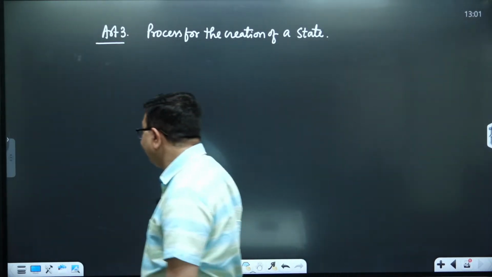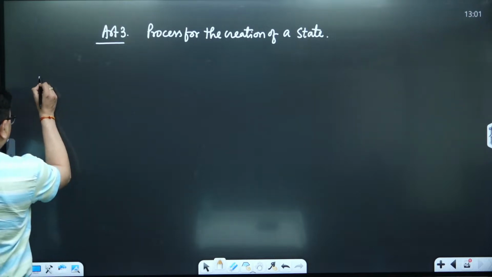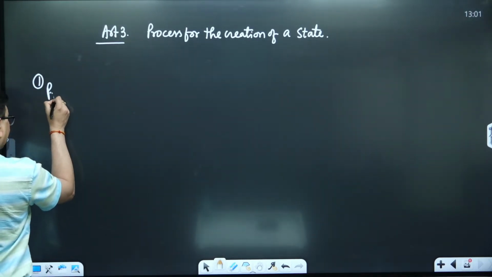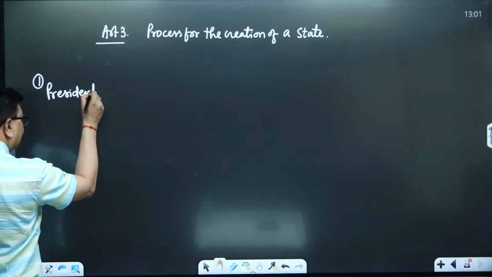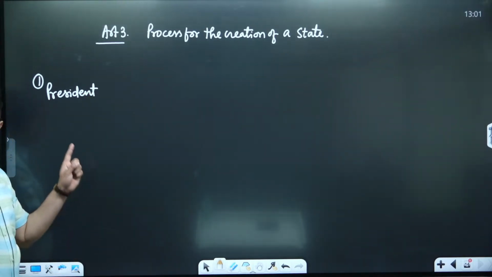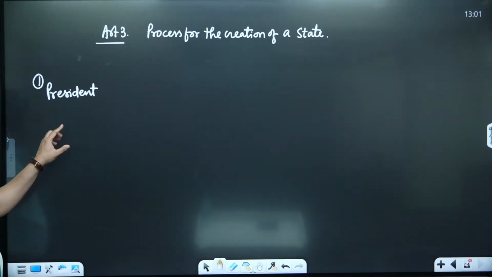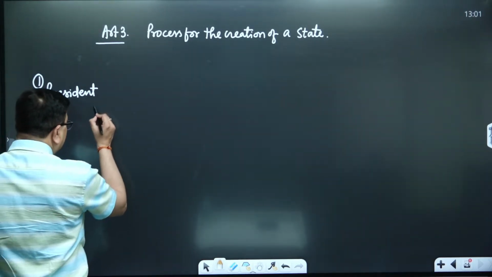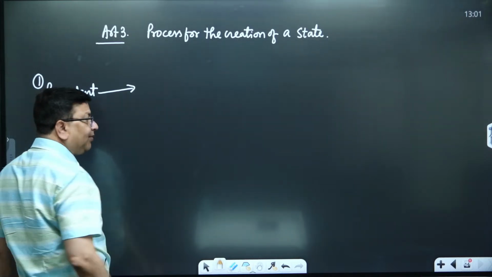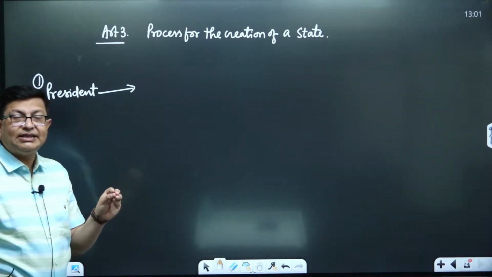Before recommending the bill, the president will have to send the bill to the concerned legislature.